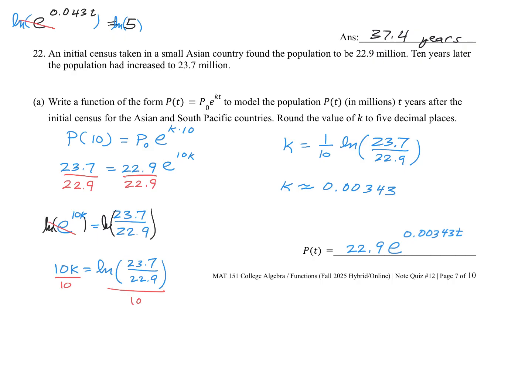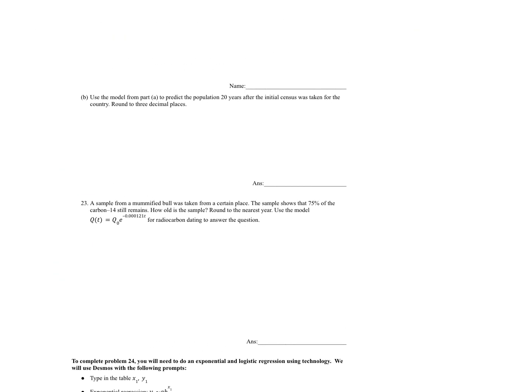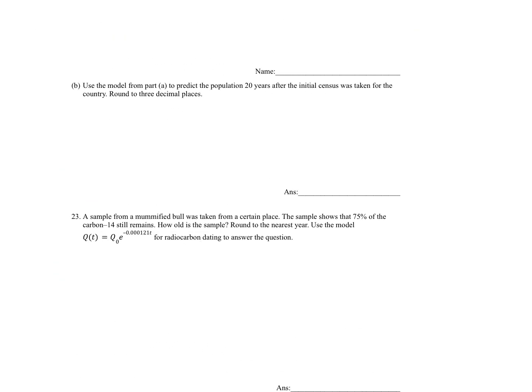For the next problem, we're going to use the model to make a prediction for 20 years after the initial census. So that's going to have us calculating P of 20. From before, that was 22.9 times e to the k number, which was 0.00343 times t, which is 20. And when I put that into my calculator, make sure you put parentheses around the exponent's multiplication.